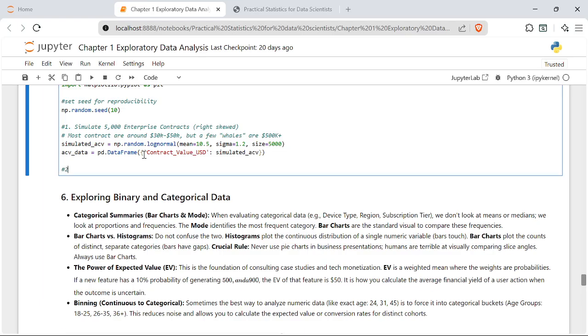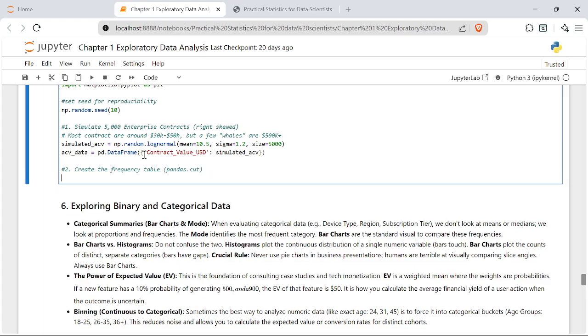Step number 2, create the frequency table using pandas cut. We divide the massive range into 10 equal sized bins.